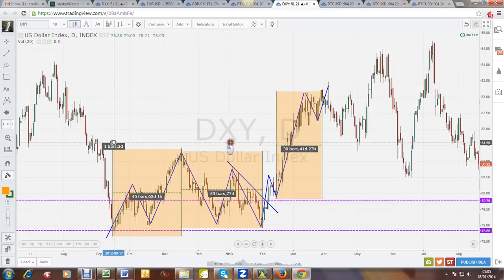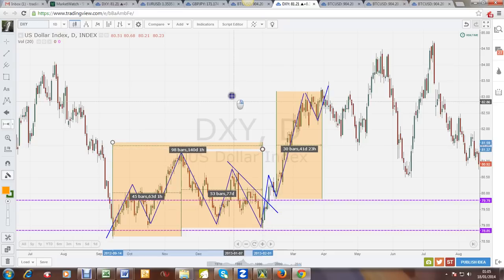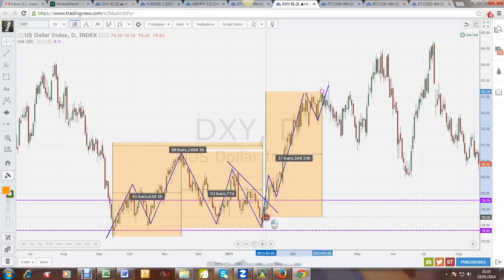So overall, it took 97 bars. So 97 bars, and this distance here, which actually starts from there, is approximately 40 bars. So you can say literally that wave C is strong.